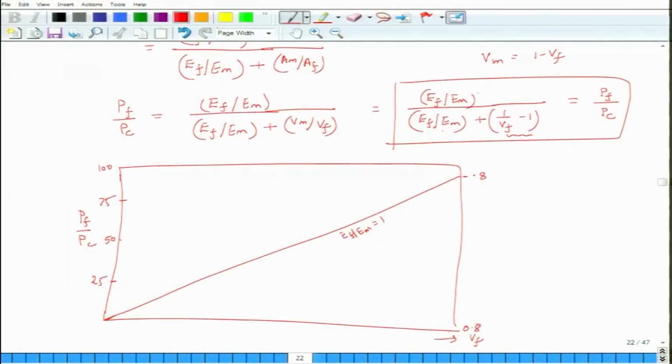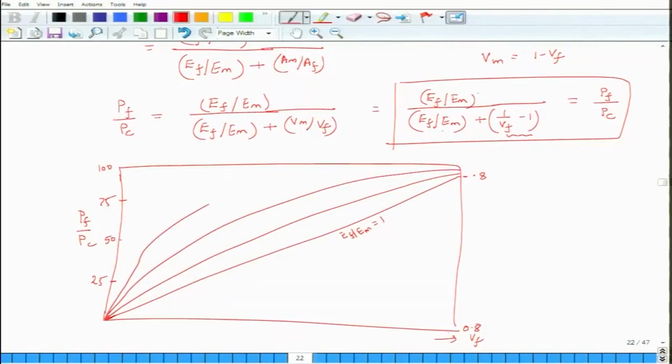But as you increase the modulus of fiber to 2, it looks like this. So, it goes like this. Maybe this is Ef over Em equals 100, this may be 50, this may be 20, this may be 10, this may be 2, this may be 1.